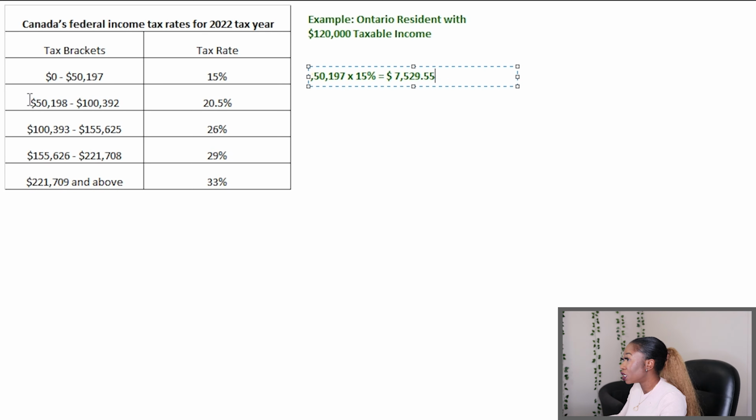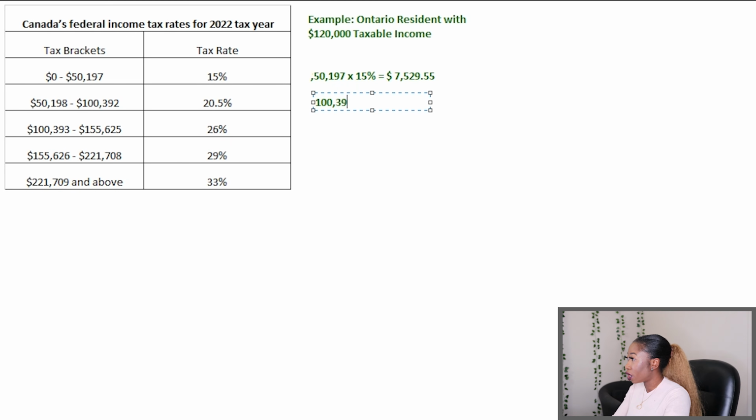The second tax bracket would be the next amount that falls within this tax window here. So we have 100,392 minus 50,198, and we'll tax that at 20.5%. So that will be the next tax rate. So we have 100,392 minus 50,198, and this would be multiplied by 20.5%. So I'm just going to put this in brackets just so we know that we are doing the calculation for this tax rate.